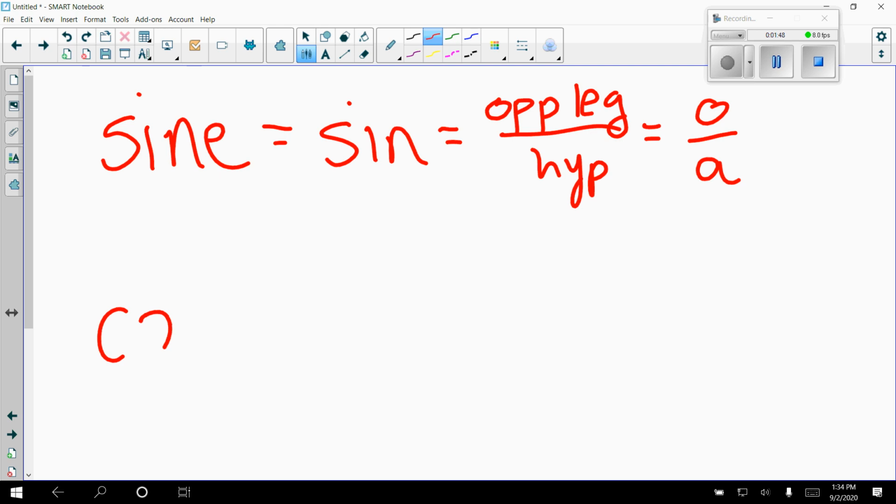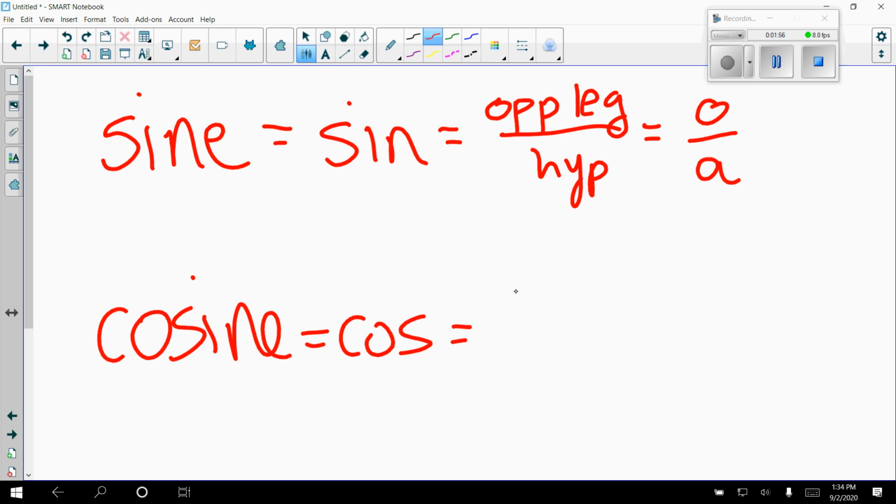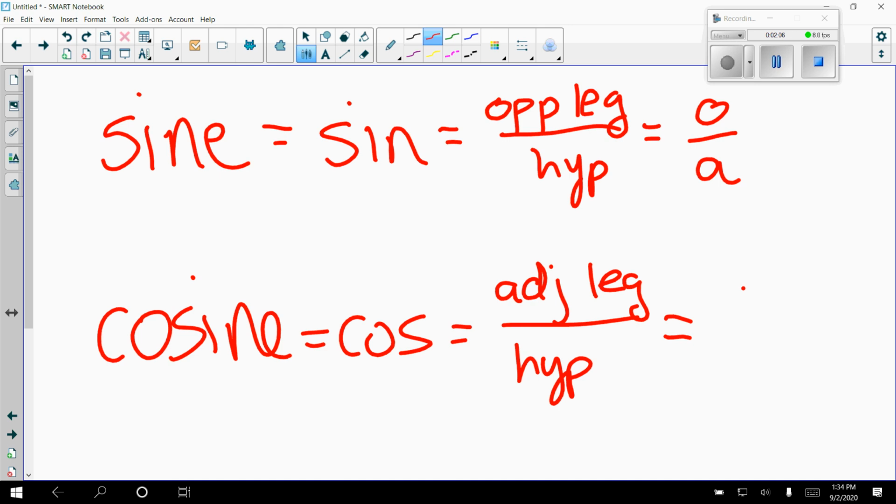Cosine, an abbreviation for that will be COS, is the ratio of the adjacent leg over the hypotenuse. So in shorthand, when we're doing problems, we're going to call that A over H, adjacent leg over hypotenuse.